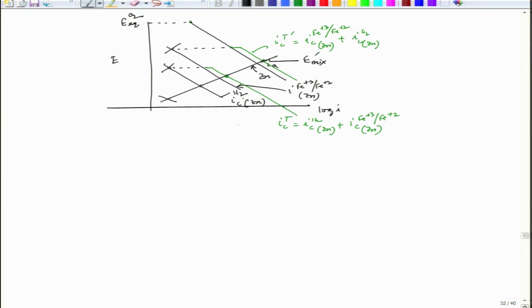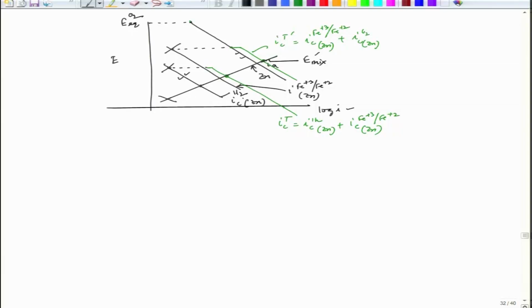Since this is in log scale, if this line and this line are staying quite far from each other, then the effect of this line on the overall reaction rate of the zinc dissolution will not be felt.